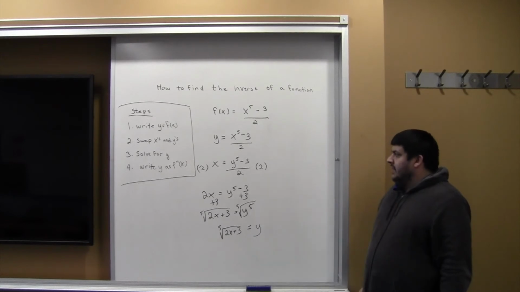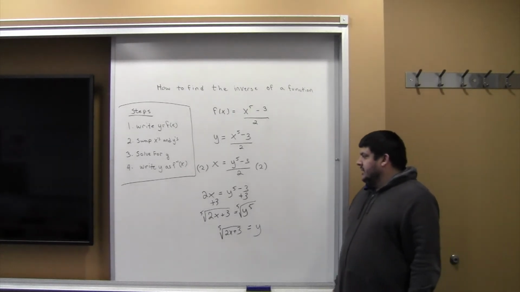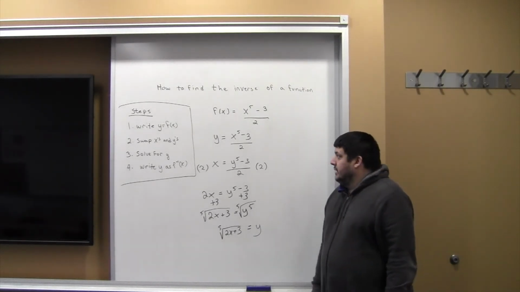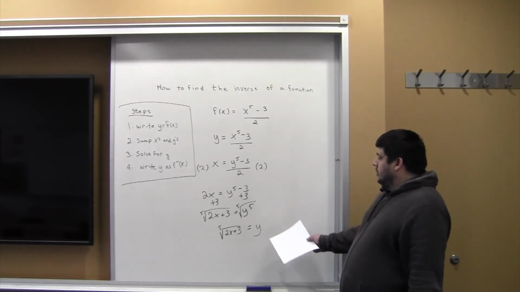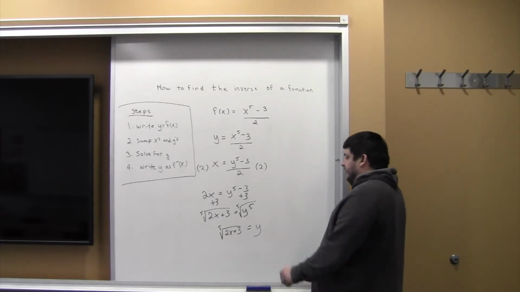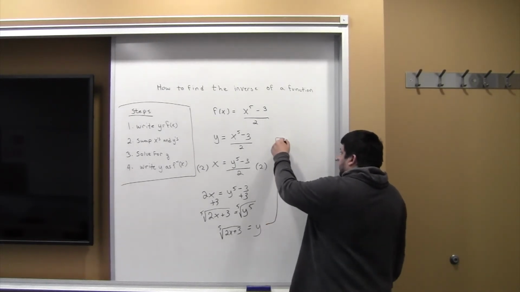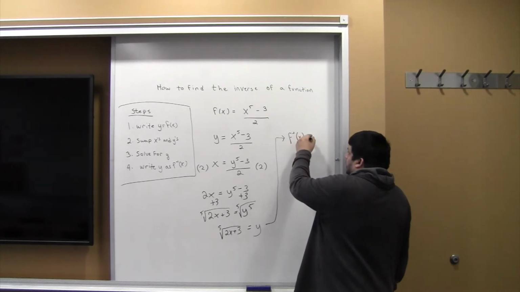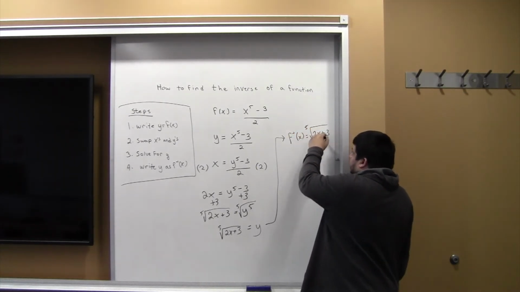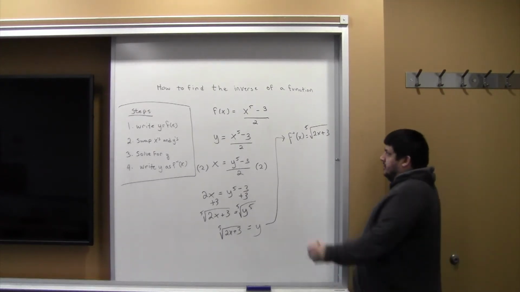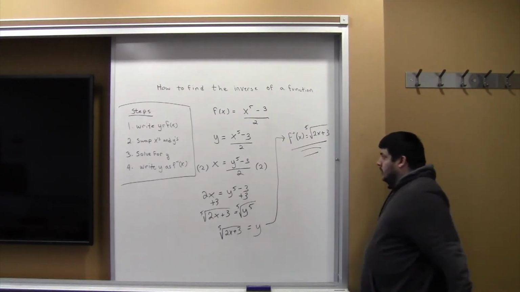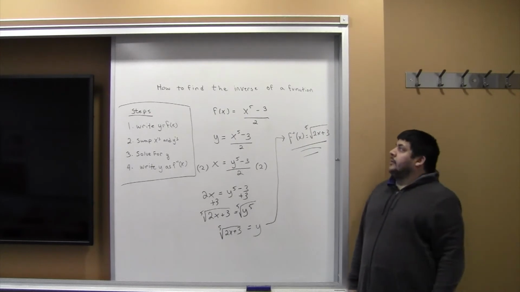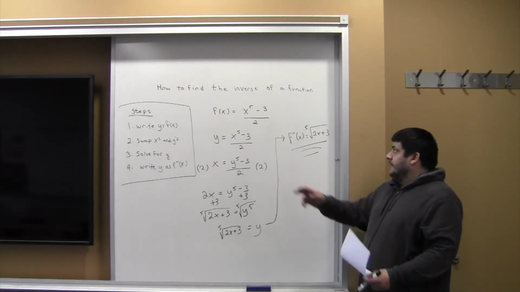So we've gotten y by itself, and then the next thing we have to do is switch out the y with the inverse notation, which I will do right here. F inverse is equal to the 5th root of 2x plus 3. And this is the answer, and it is the inverse to that.